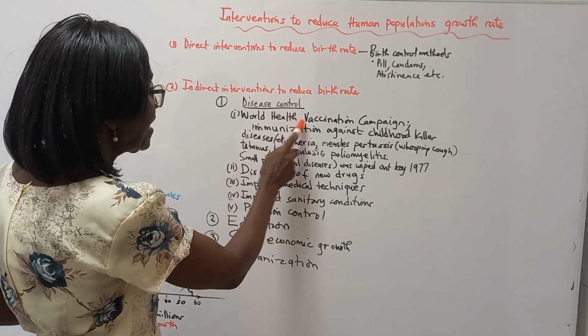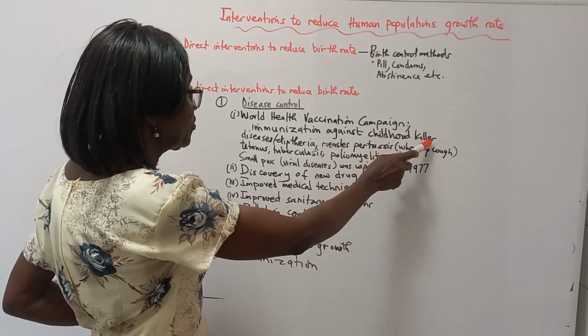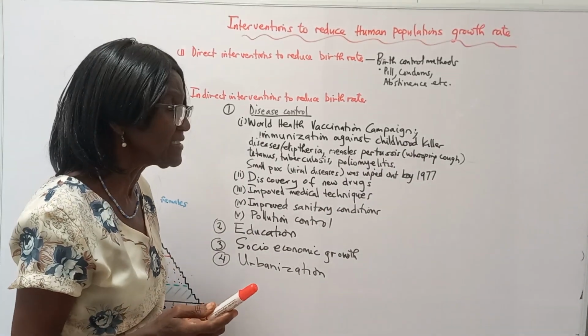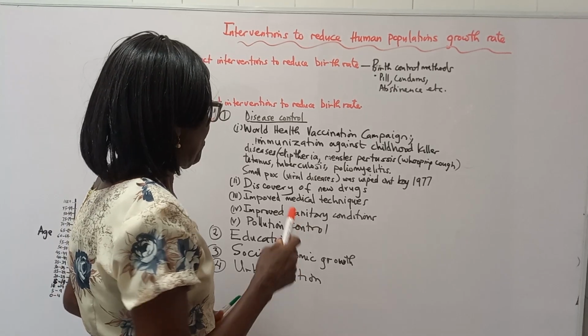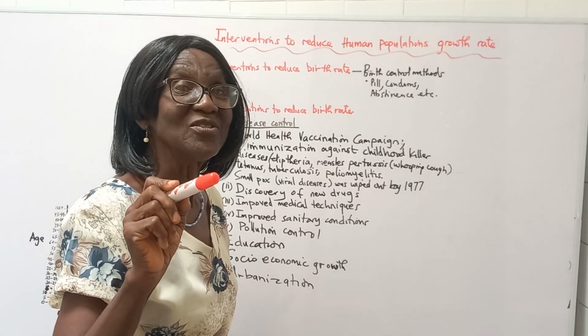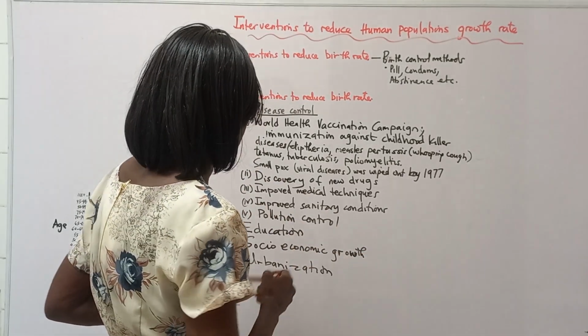Well, the World Health Vaccination Program, immunization against childhood killer diseases, will reduce infant mortalities, and so it's supposed to increase population. It looks like it's rather going to increase birth rate, but no, it reduces birth rate.